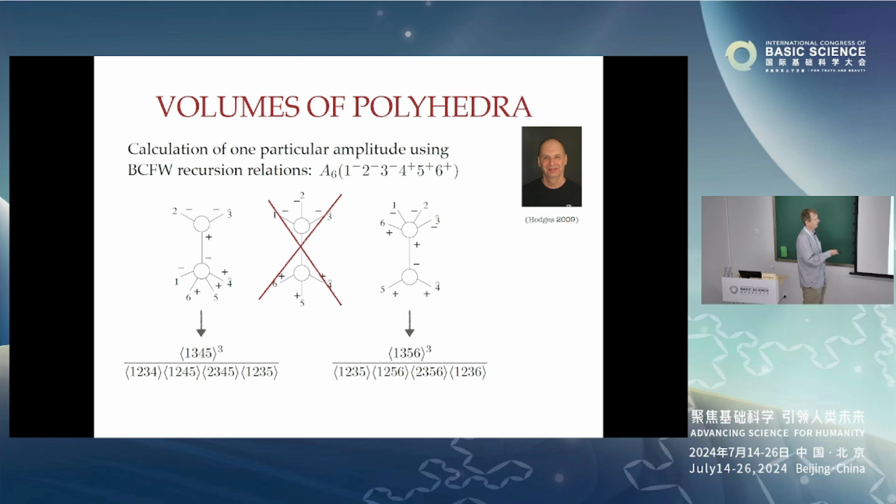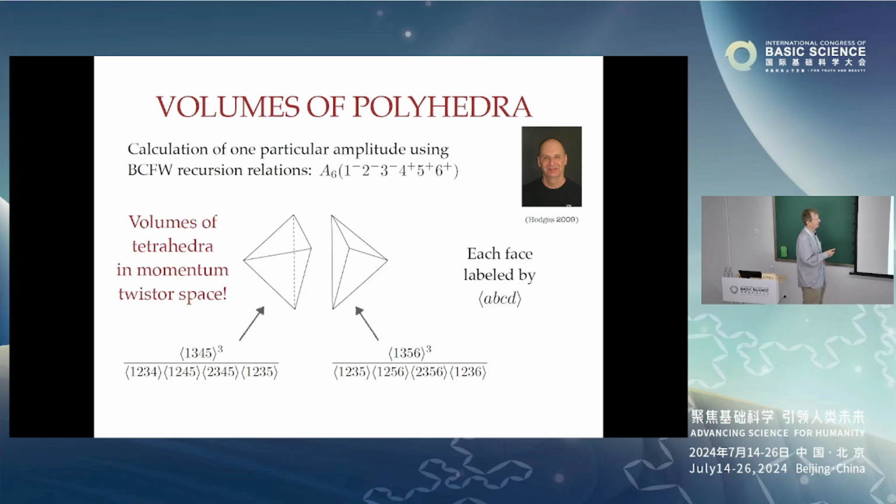So these are the formulas that you get, and he realized that the formulas correspond to volumes of tetrahedra in this momentum twistor space. Something that he saw already before because he studied volumes in this space, and this is what happened for the scattering amplitudes for this particular process.